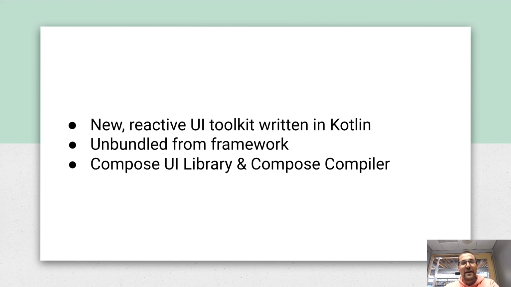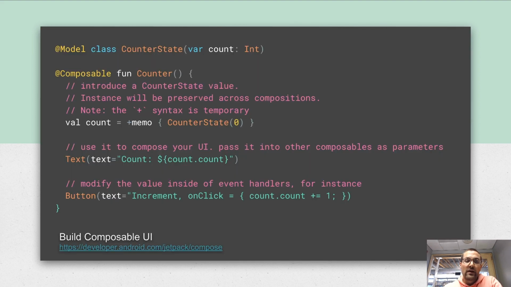Now, Compose is made up of two things. We have the new UI library, which is going to be the new versions of things like button, text view, and animation code. And then we have the Compose compiler, which behind the scenes converts that into the actual rendering code for us, as well as making sure that the reactive nature of our code and state all work together. So here's a simple example of what this looks like.